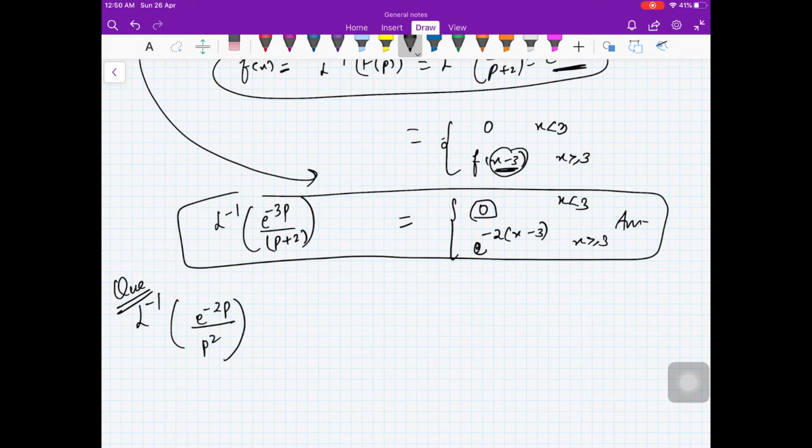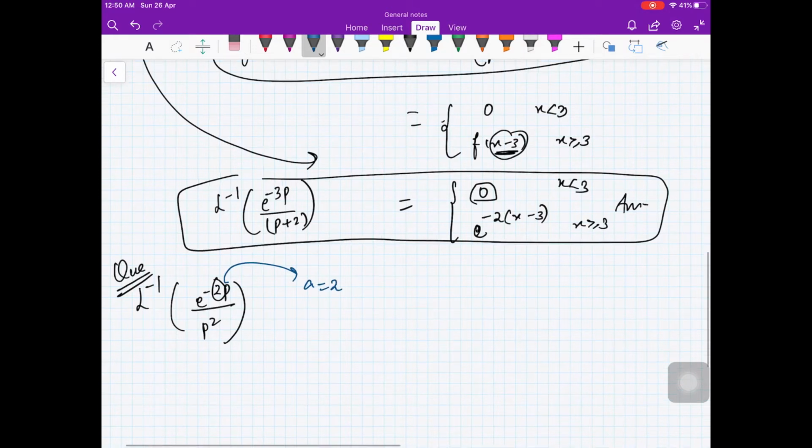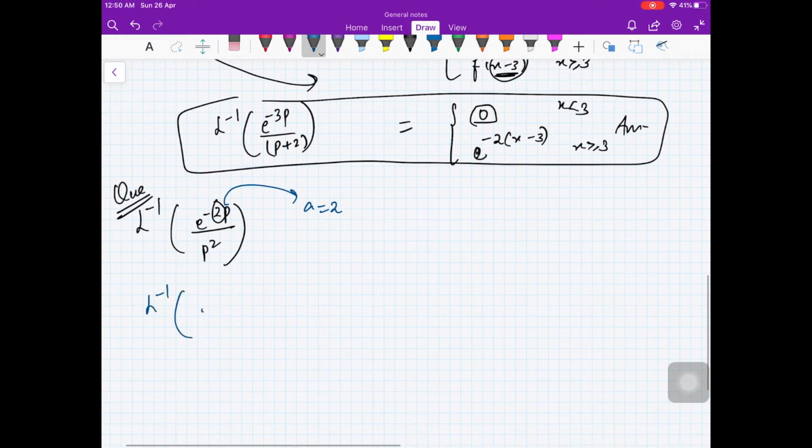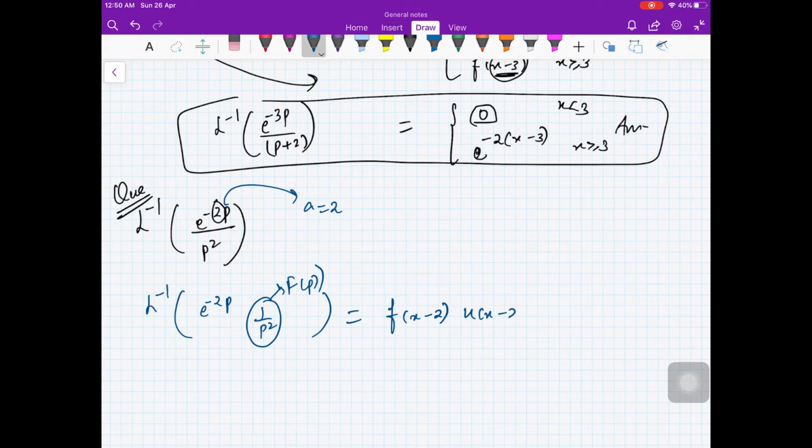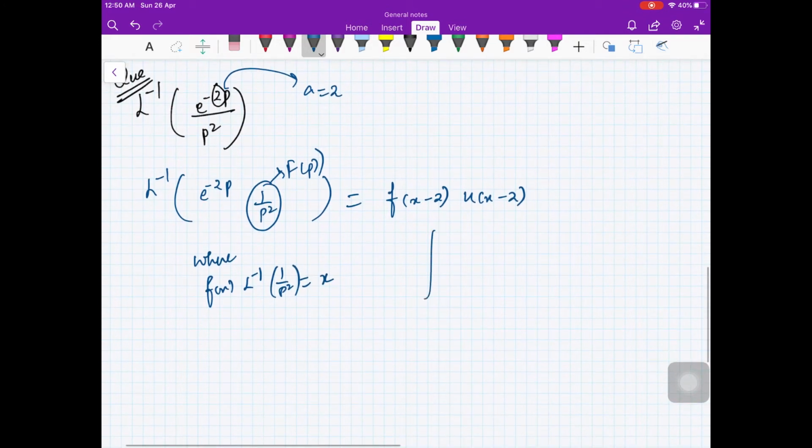Find L inverse of e raised to minus 2p upon p square. Here a is 2, and comparing, this is e raised to minus 2p into F of p. By the second shifting theorem, this equals f of x minus 2 into u of x minus 2, where f of x is L inverse of 1 by p square, which is x.